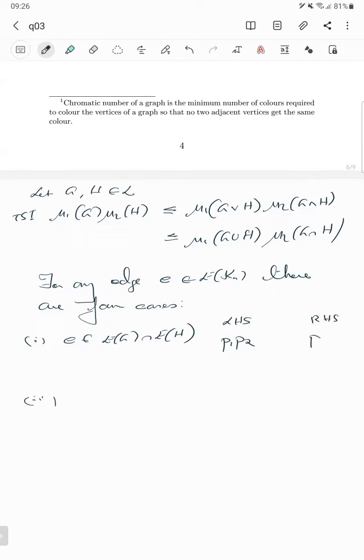RHS will also be P1 and P2 because it is in both union and intersection. So the contribution due to this edge is in fact equal on the left-hand side and the right-hand side.